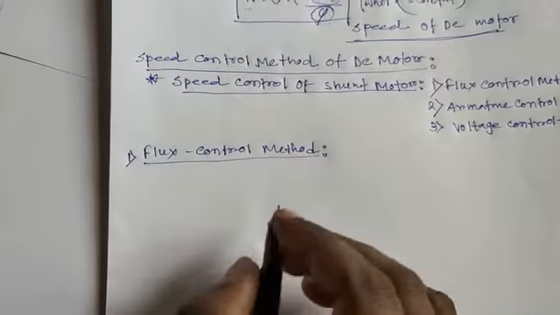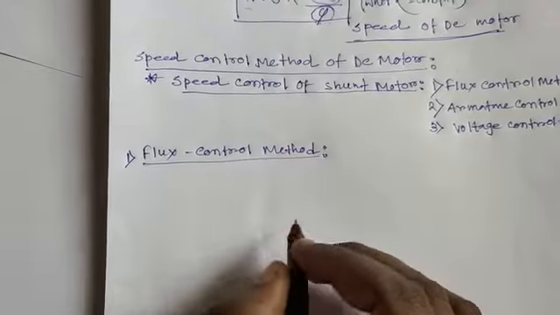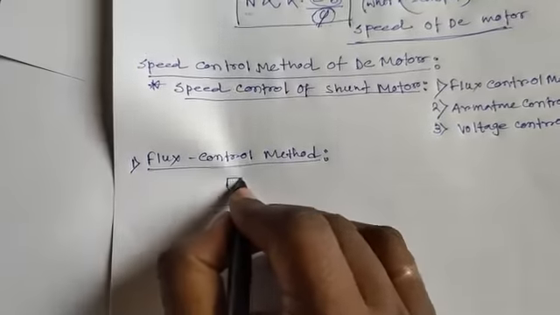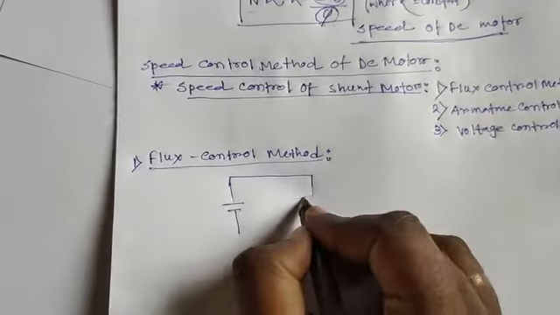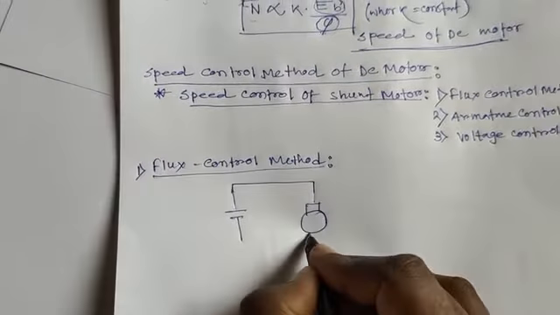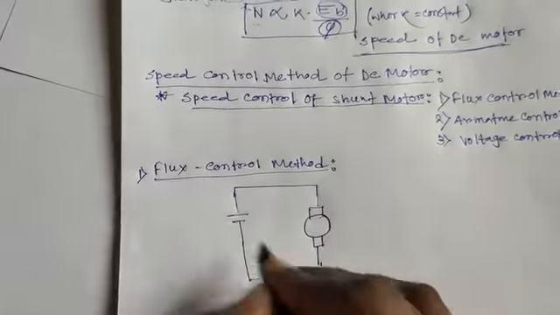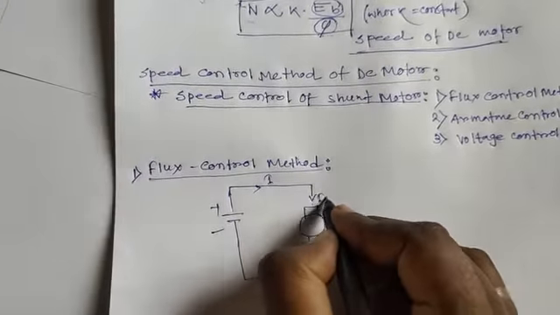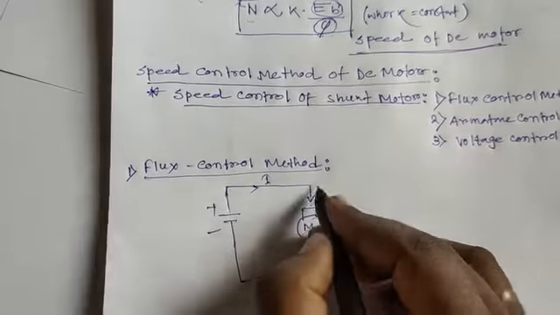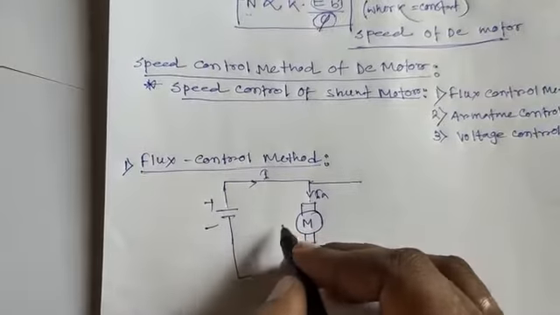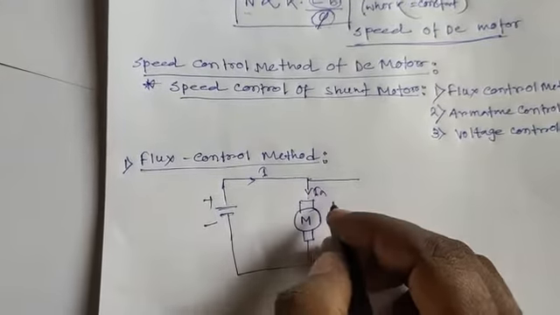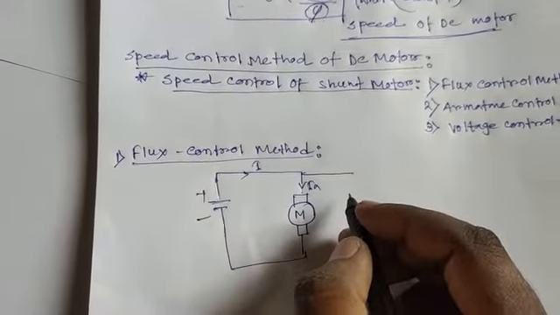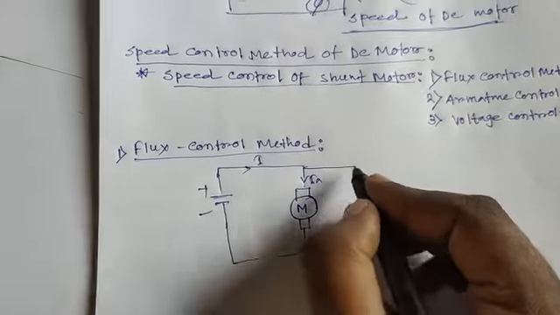To control the flux, a resistor is added in series with the field winding.